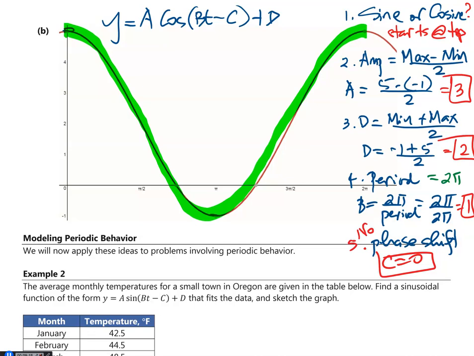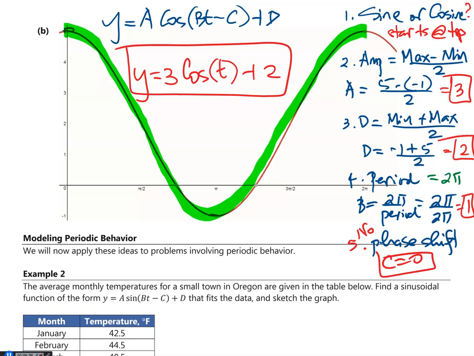It's going to be y is equal to, our a is 3 cosine, b is 1, so 1t, and c is 0, phase shift, so that is just cosine t, and d is 2, plus 2.